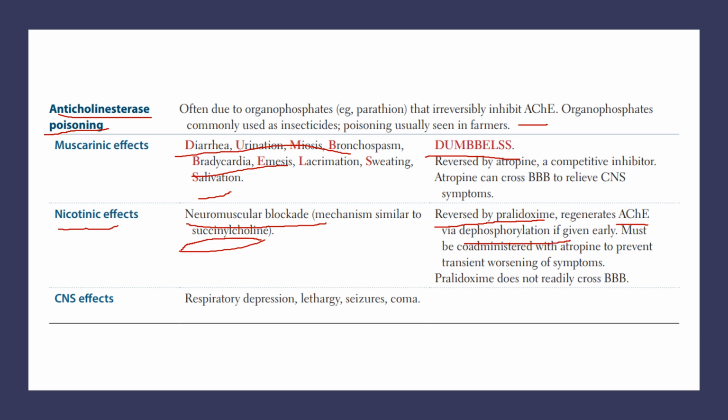It must be co-administered with atropine to prevent transient worsening of symptoms. Pralidoxime does not readily cross the BBB. Now, CNS effects are respiratory depression, lethargy, seizures, and coma.